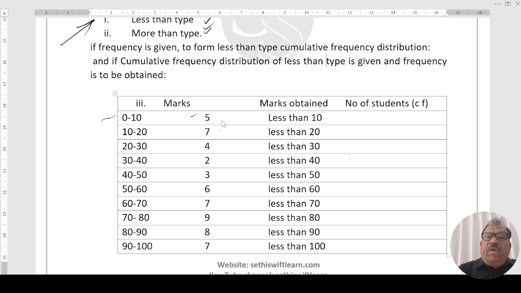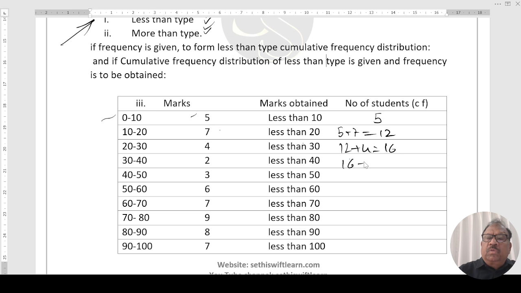Less than 10 has 5, so it stays 5. Less than 20, how much will it be? This plus this, 5 plus 7 equal to 12. Then less than 30, 12 plus 4, 16.